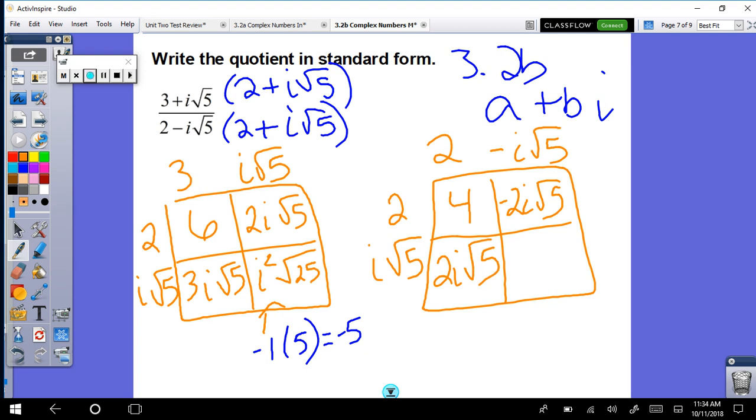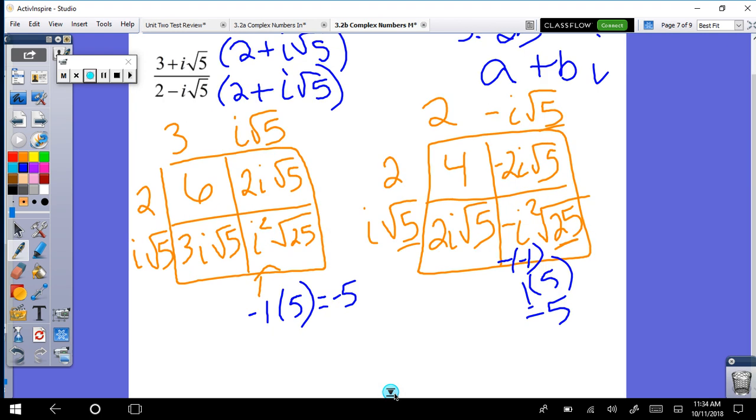Then i times -i is -i squared. Square root of 5 times square root of 5 again will be square root of 25, since they're both on the inside of the square root, you multiply them together on the inside. Then this is -1, if I substitute -1 in for i squared, so really that's +1. And the square root of 25 is 5, and 1 times 5 is just 5. So that last box on the bottom is 5.